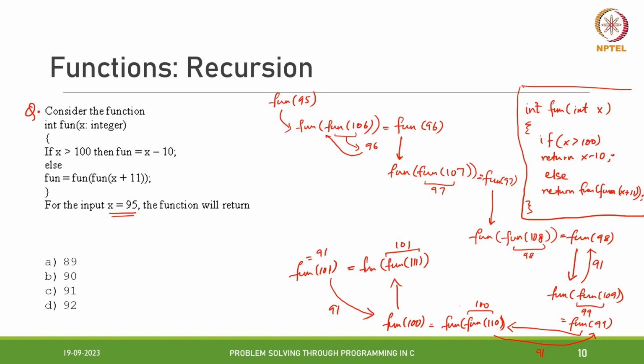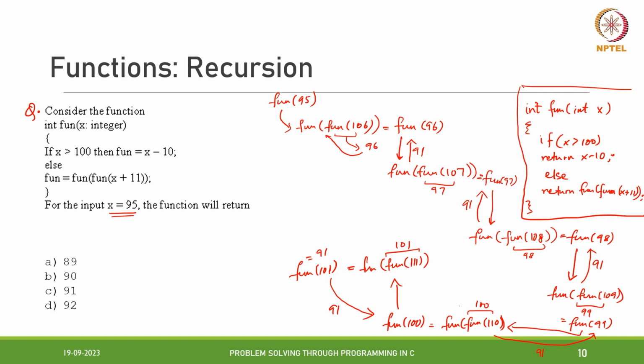And who called fun of 98? Fun of 98 was basically fun of 108, and that was called by fun of 97. So the 91 value will go to fun of 97. Similarly, that was fun of 107, and that was called by fun of 96. So the value 91 will go back to fun of 96. Now what was fun of 96?